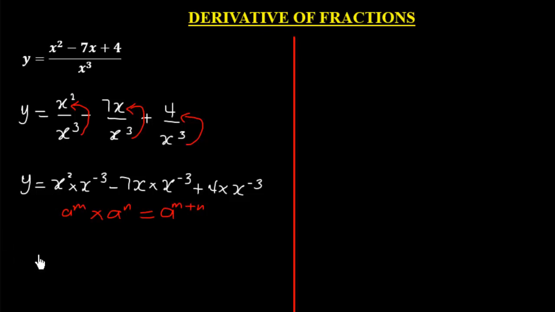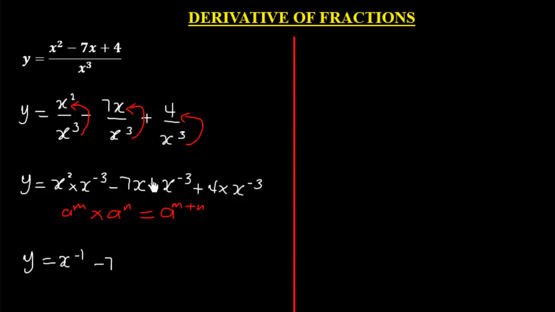Therefore, y equals, now because the base here is x and this is also x, we add the exponents because they are multiplying. So we write x, and negative 3 plus 2 gives us negative 1, minus 7.